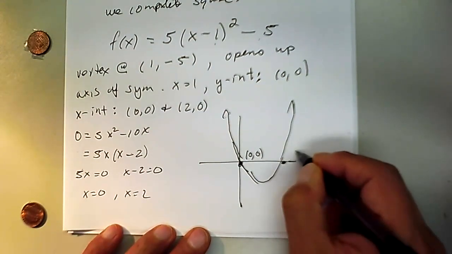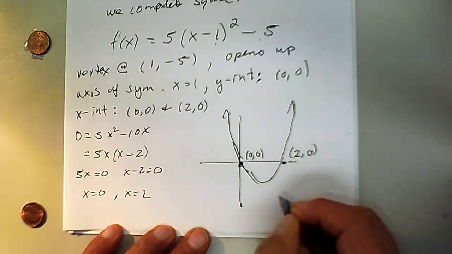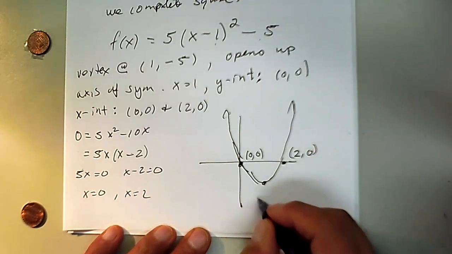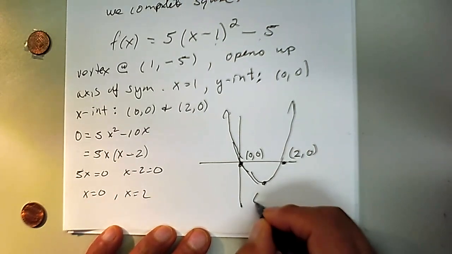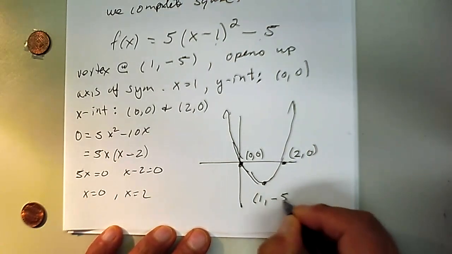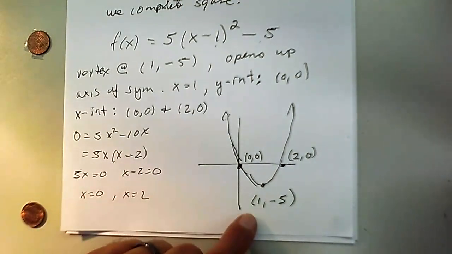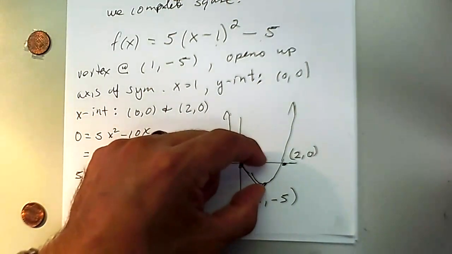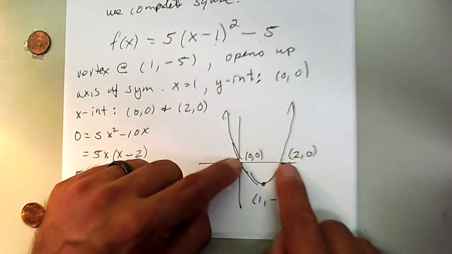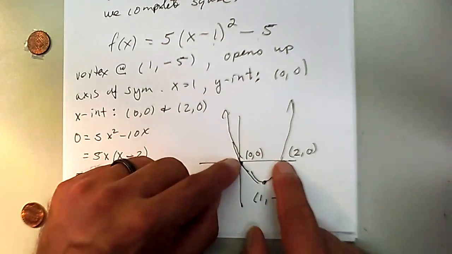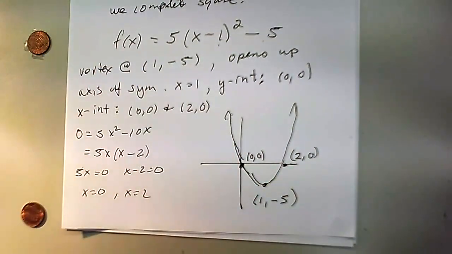And then we have (2, 0). And then we have here (1, -5). See, right there, I can tell this is not to scale because this is 5, but this is 2. It doesn't even make sense. The 5 is smaller than the 2, but that's okay because this is a sketch.